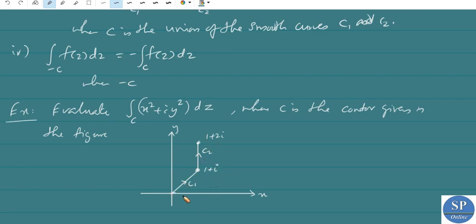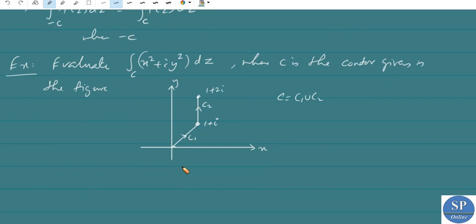So it's a piecewise smooth contour. C is C1 union C2, a piecewise smooth contour. It is not smooth here. So we have to find the integral over C of x square plus i y square dz, where C is this union of C1 and C2.